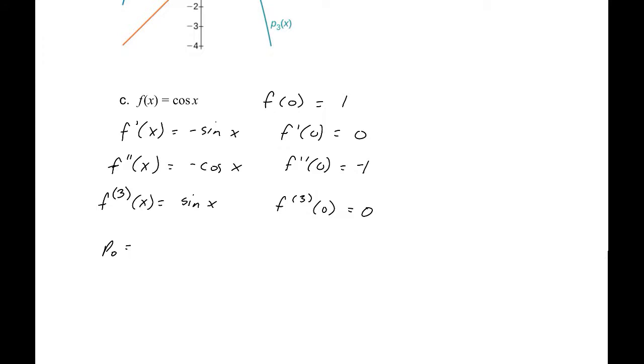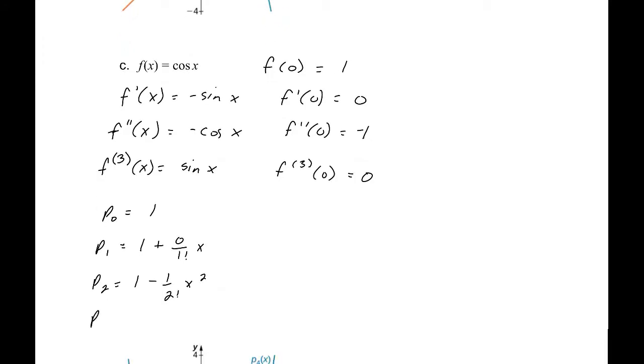The 0th polynomial is 1. It's just f of 0. The first polynomial is 1 plus 0 over 1 factorial x. This one's going to be 1 plus, we'll do to the second there. So this will actually be a minus 1 over 2 factorial x squared.